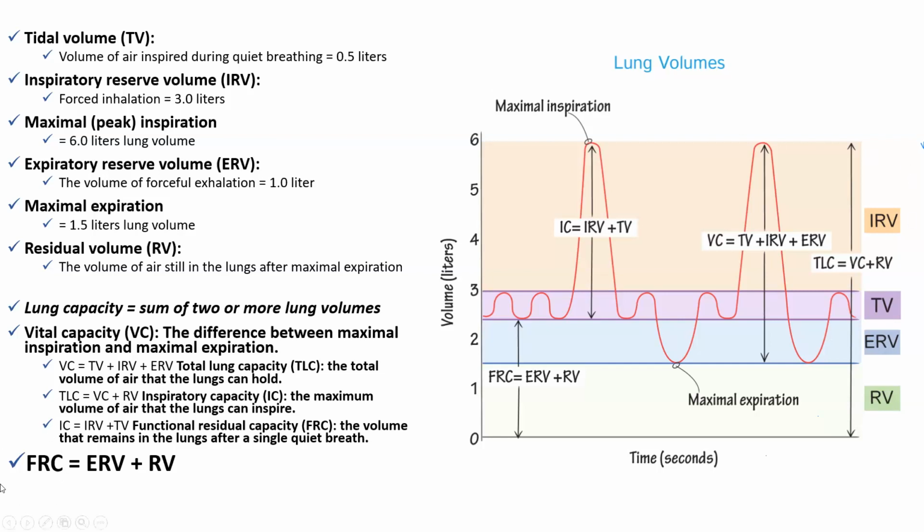Functional residual capacity, we're going to treat that at the bedside. Now I'm going to say something that's not going to be that meaningful to you, and then I'm going to translate it for your exam. Functional residual capacity is always driven by mean airway pressure. For you, you're going to translate that into PEEP.